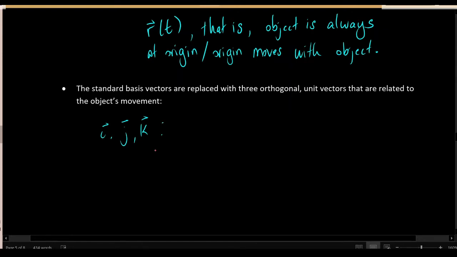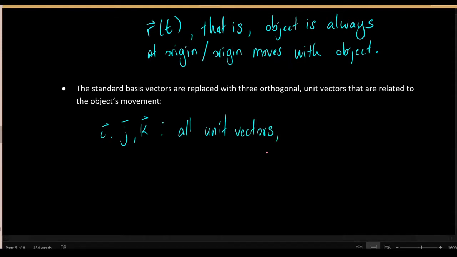Notice that all three vectors have length 1. So they're all what we call unit vectors. Notice that all three of these vectors are also orthogonal to one another.